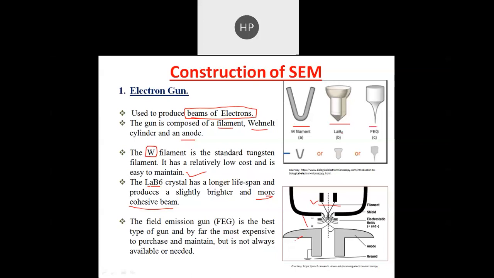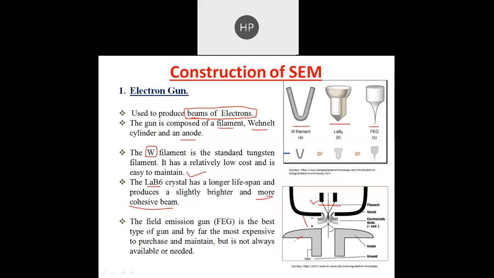Okay, so you can see this shape. From that shape you can easily understand that the electron beam generated by this FEG is very cohesive and bright, but the manufacturing of that FEG gun is very difficult. That's why it is the most expensive electron gun.